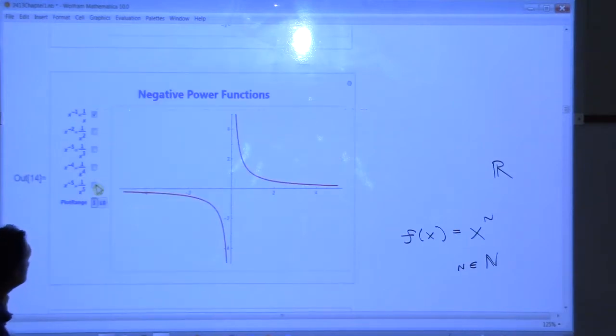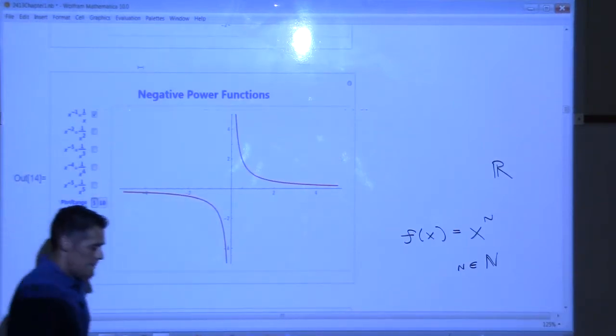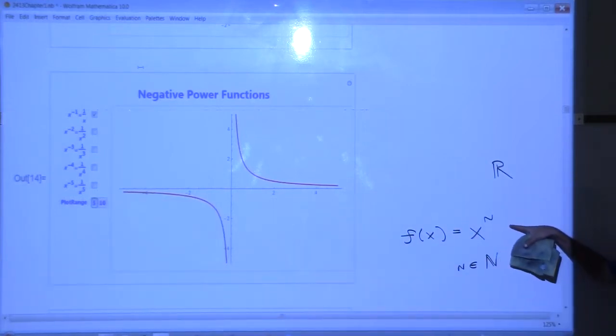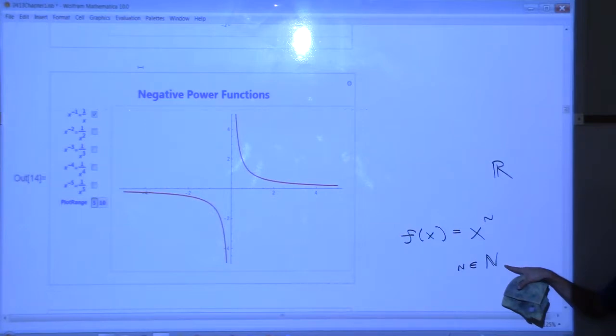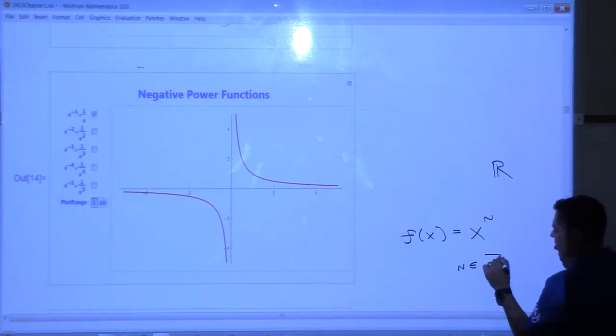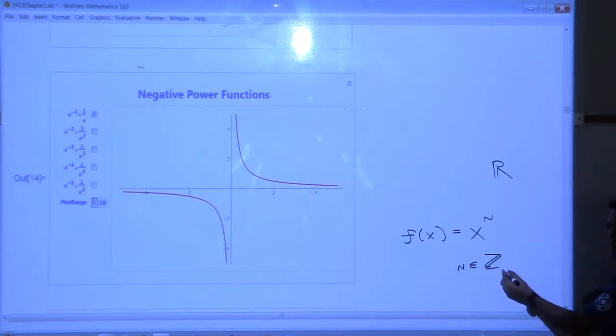Now, negative power functions. So now we're talking about functions that look like this, but now you're not talking about the natural numbers anymore. You're talking about negative numbers like -1, -2, -3, -4. So I wonder if we have a notation for that. We do. It is a double struck Z, which means integers.